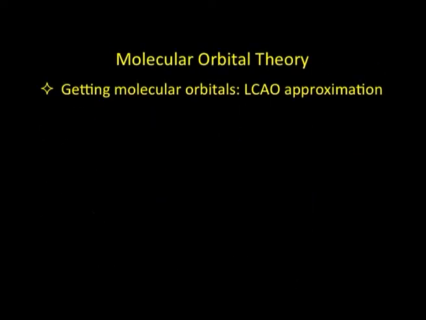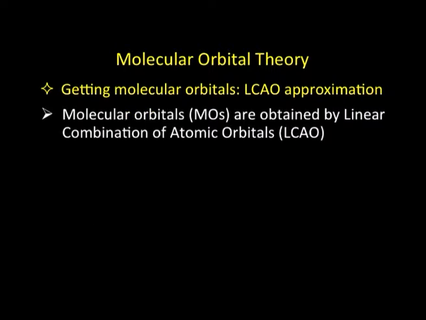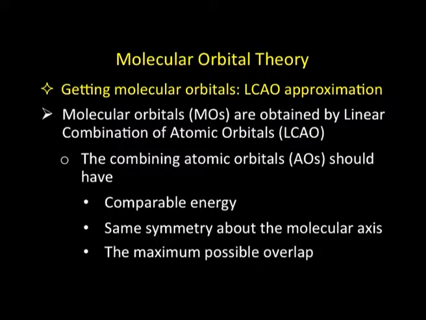Now, let us see how we get molecular orbitals using the LCAO approximation. For this, we take atomic orbitals of the two contributing atoms and combine them linearly. The basic requirement is that the combining atomic orbitals should have comparable energy.